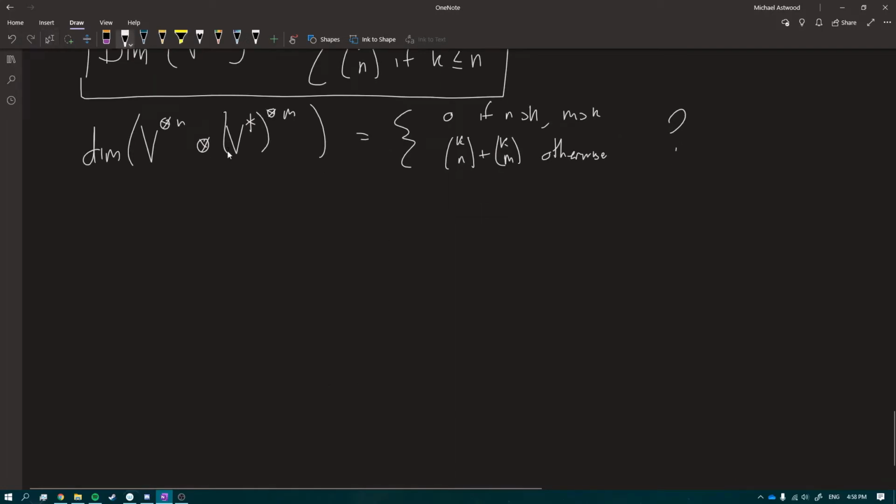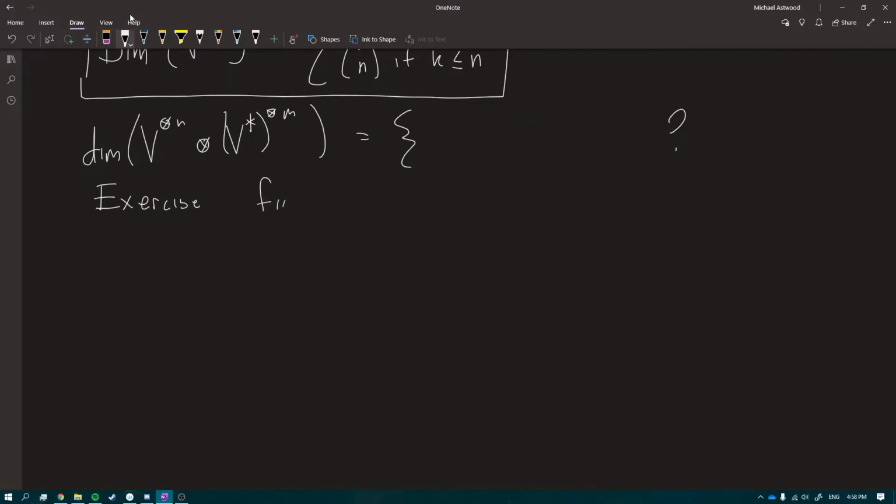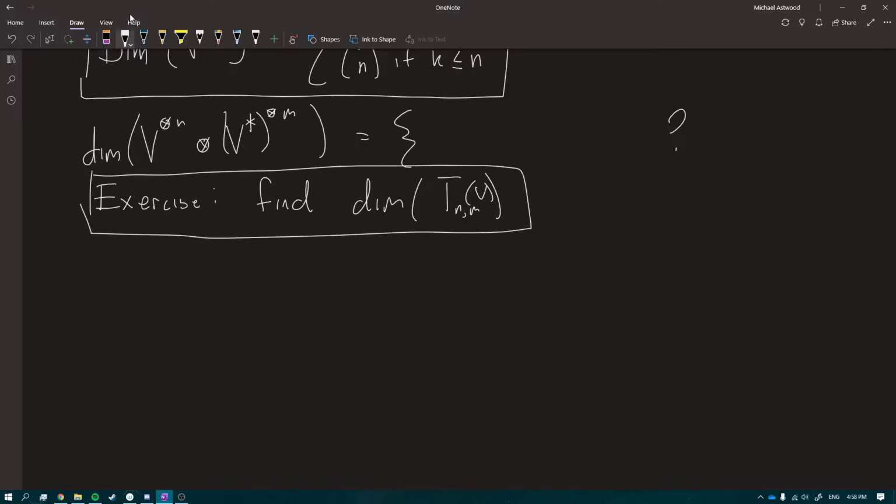Okay, so exercise. I'm going to not do this. Find the dimension of tensors of rank (n, m) over V. Great.